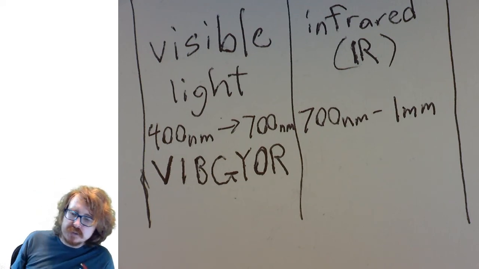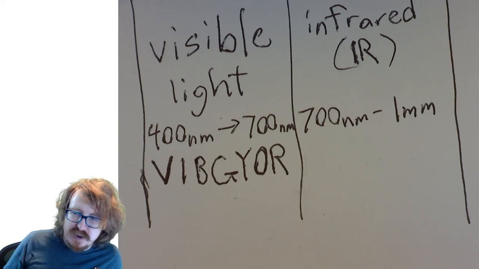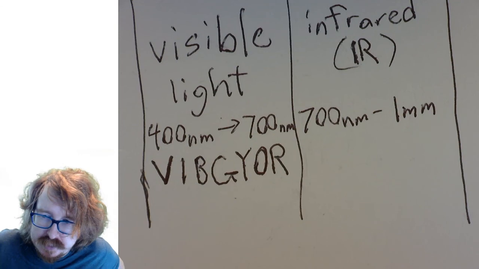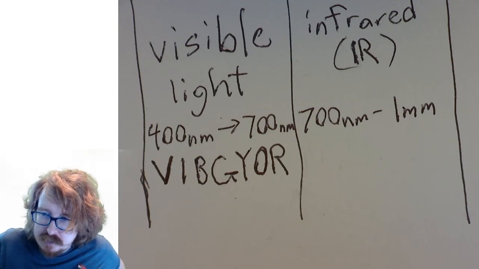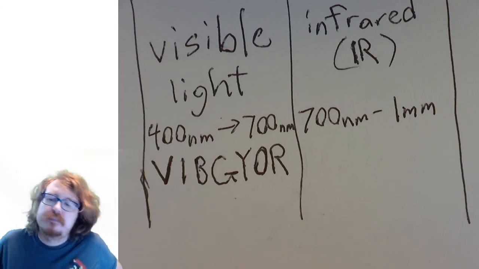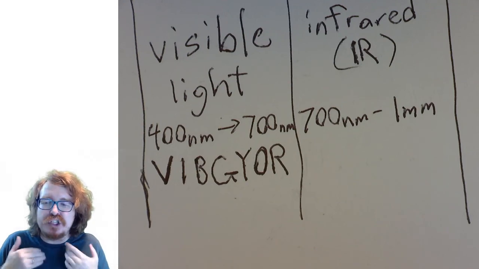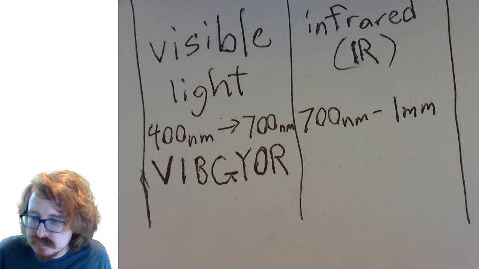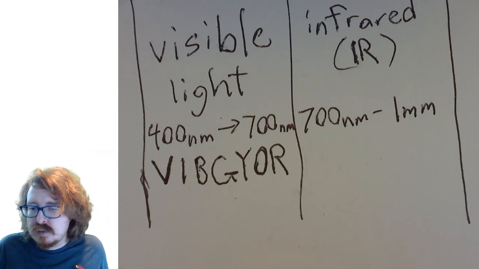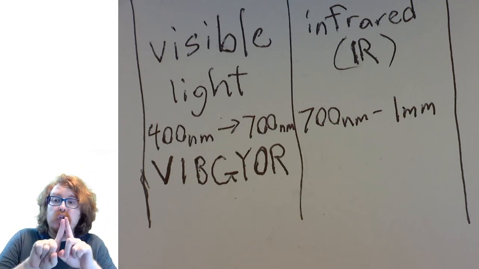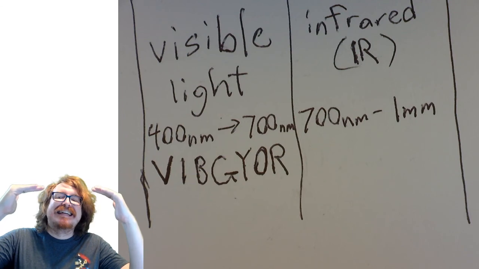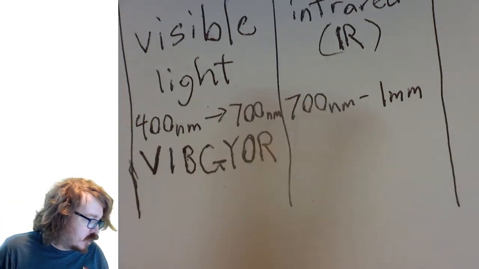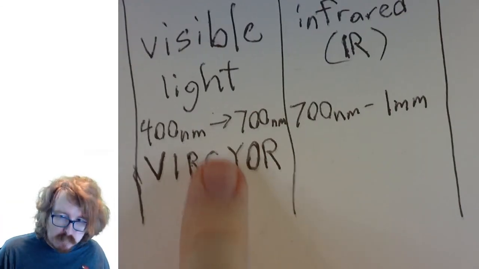You that were asking that question, you're absolutely right with your second assessment there. Infrared is just the part that we feel. So longer wavelengths, less energy. Shorter wavelengths, more energy.